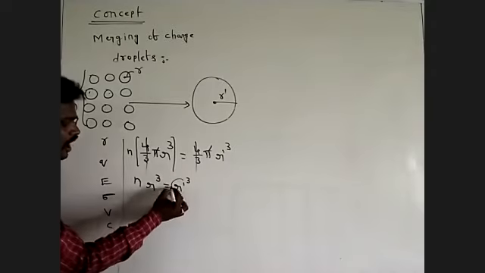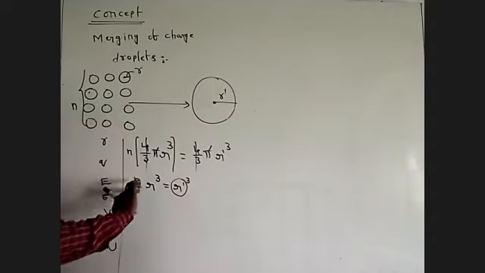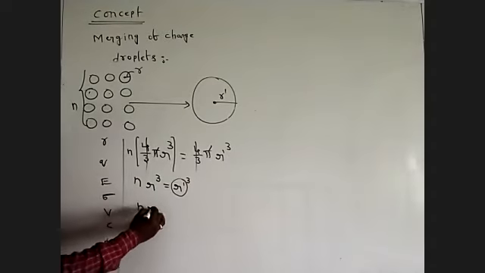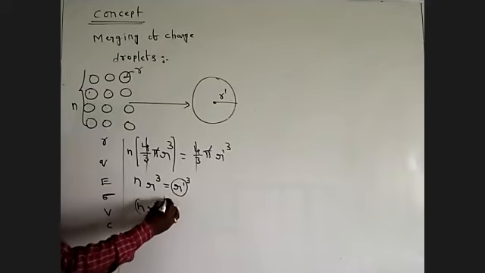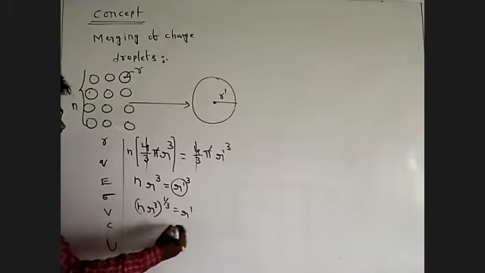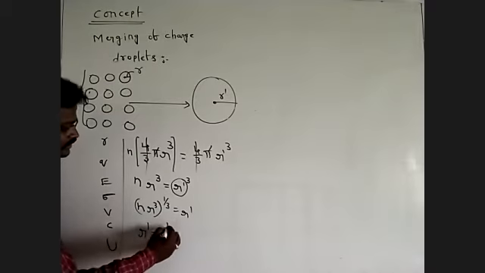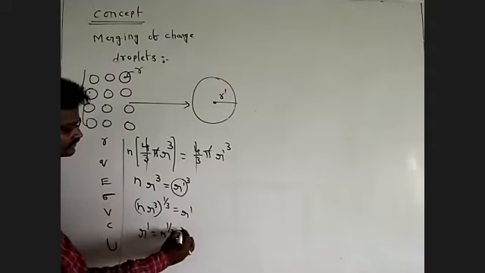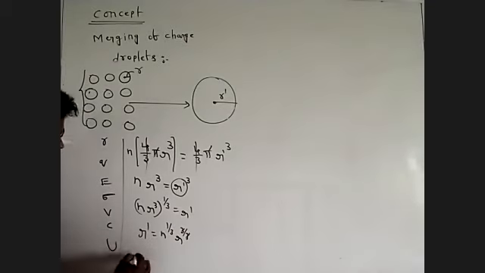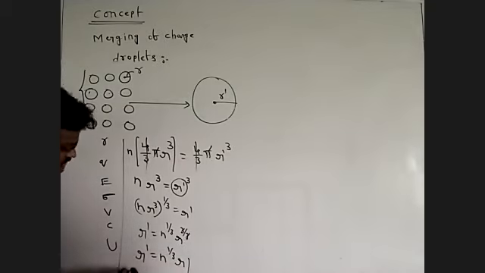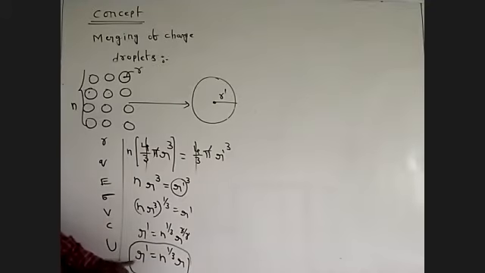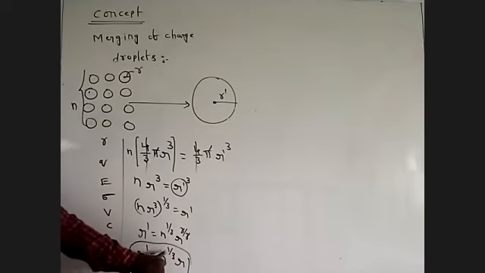I want r dash. Taking the power of 1/3 on both sides, r dash is equal to n r cube whole power of 1/3. I divide n power of 1/3, the 3/3 cancel, so r dash is equal to n power of 1/3 times r.